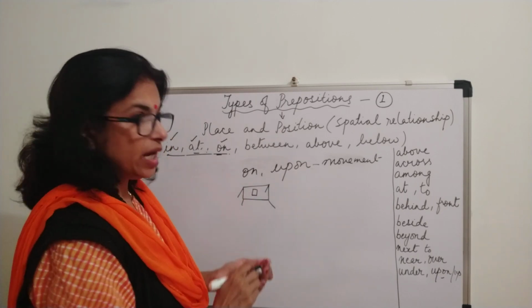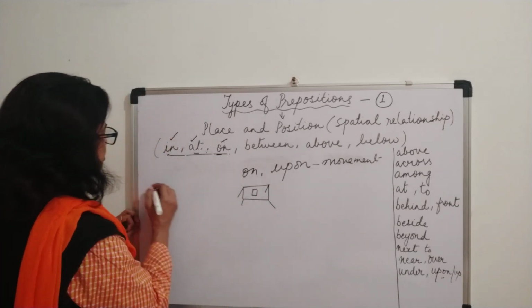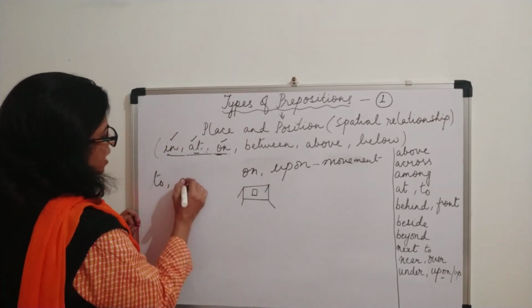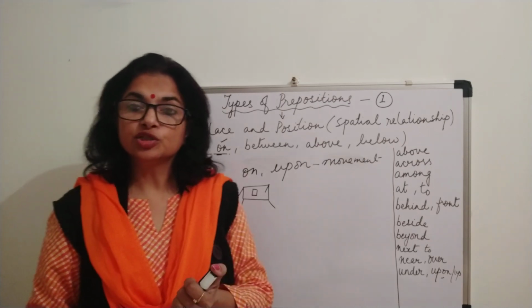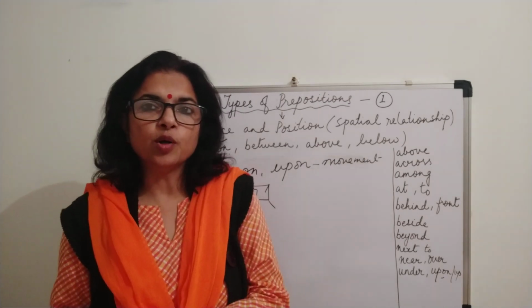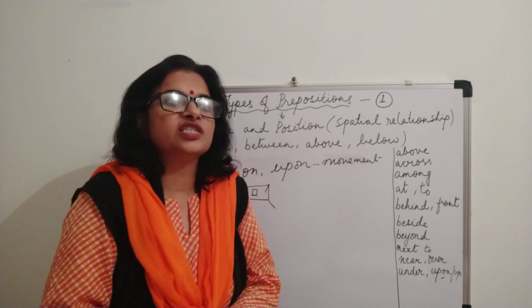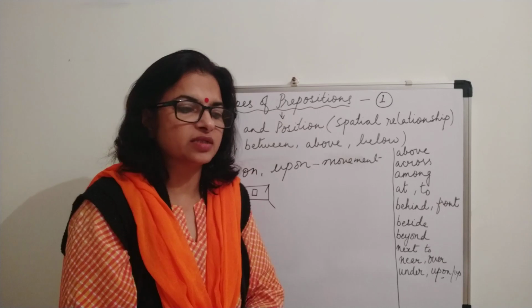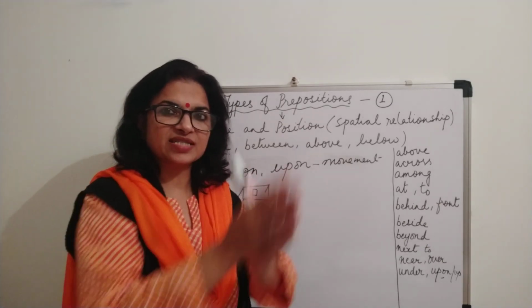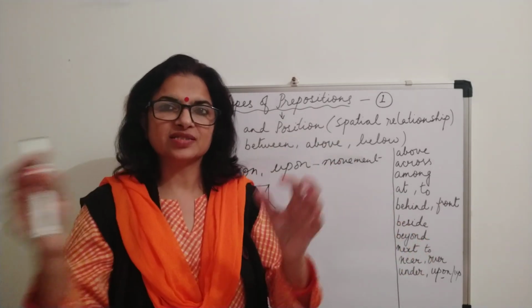Now even to and at. What is the difference between to and at? To: pass the ball to him. So to is small, like slowly you will just pass, isn't it? You will not hit like that. You will just pass it on. Passing the parcel, what we do, we pass it slowly.